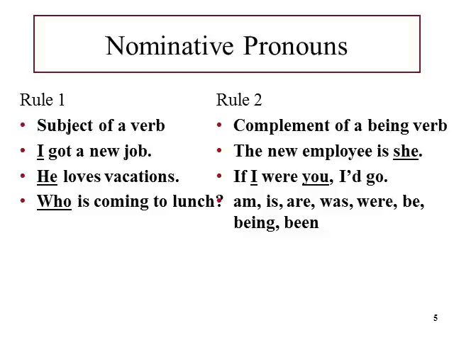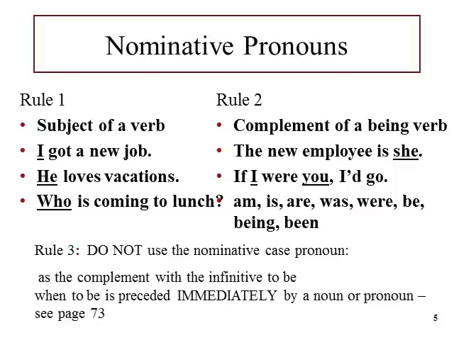So instead of saying the new employee is her, because you wouldn't say her is the new employee, you would always say the new employee is she, or the new employees are they. When you've got those linking verbs, like am, is, are, was, were, be, being, been, you know that you need to choose the nominative case.